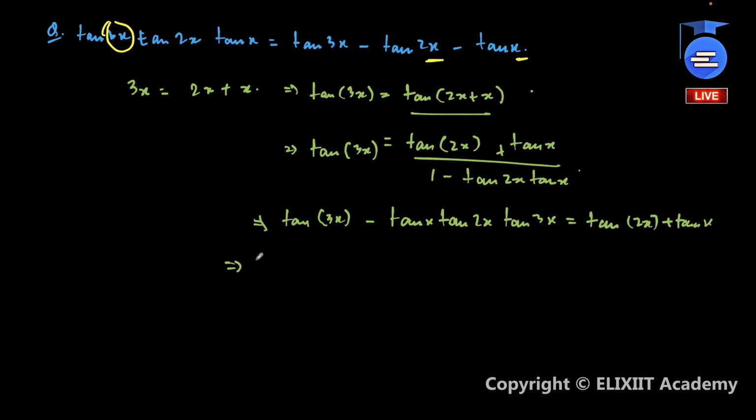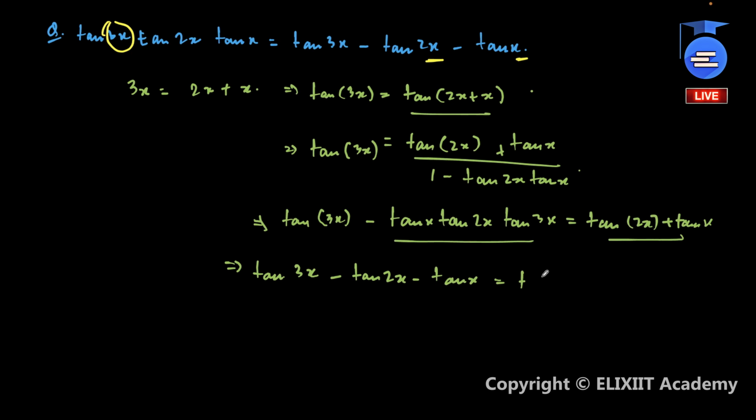Okay. So aren't we getting this relation? Is this what we need to prove? We just simply take this term on the right hand side and we are done. Simply take the right hand side on the left hand side: tan 2x plus tan x. So this will become tan 3x minus tan 2x minus tan x.